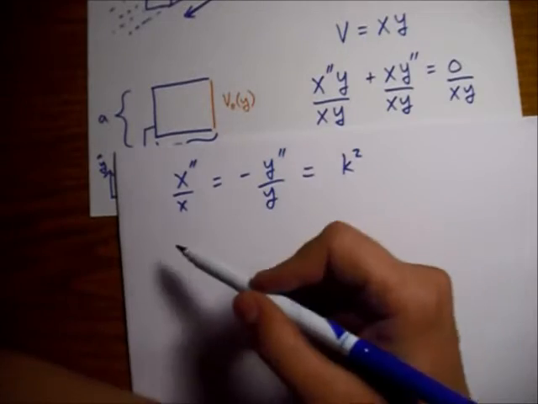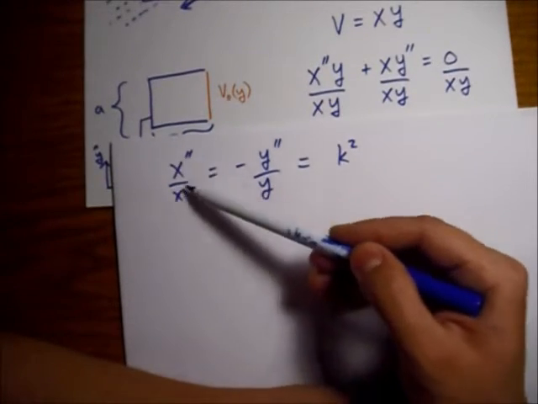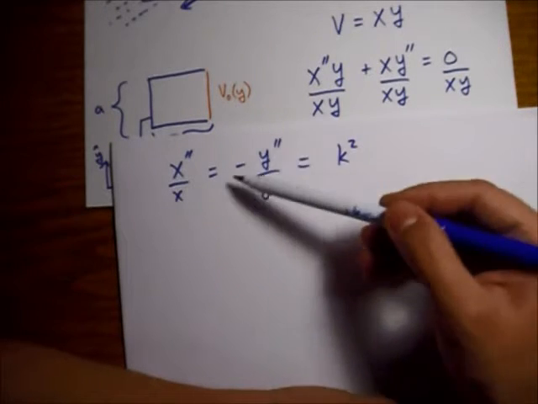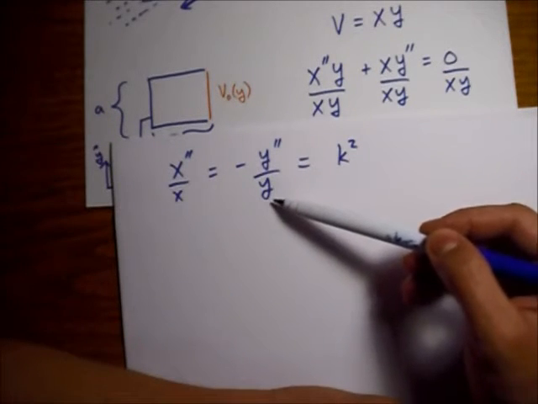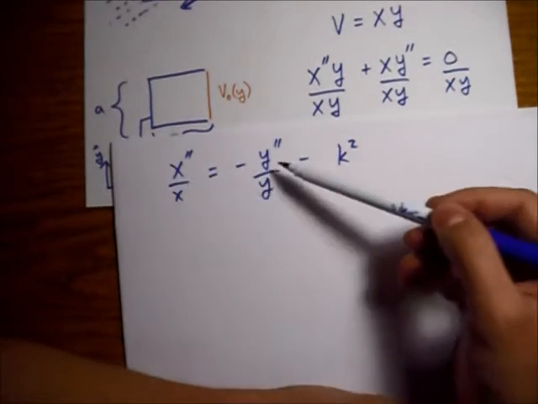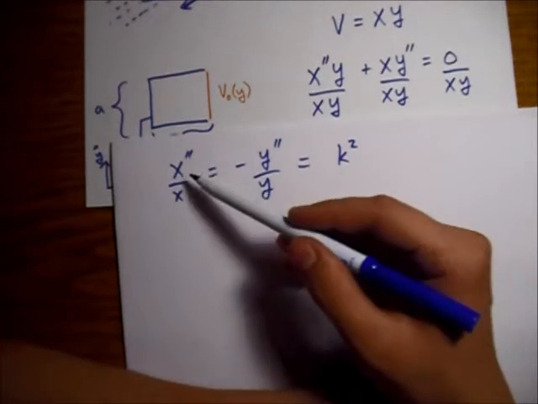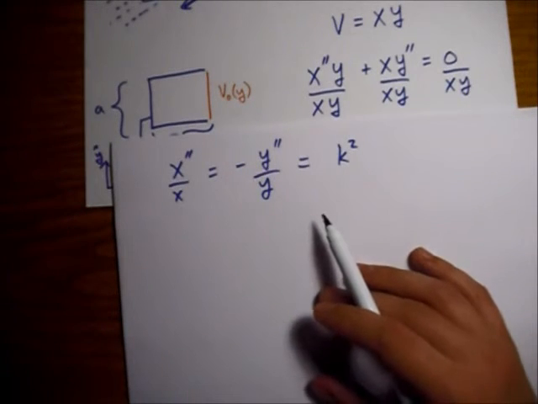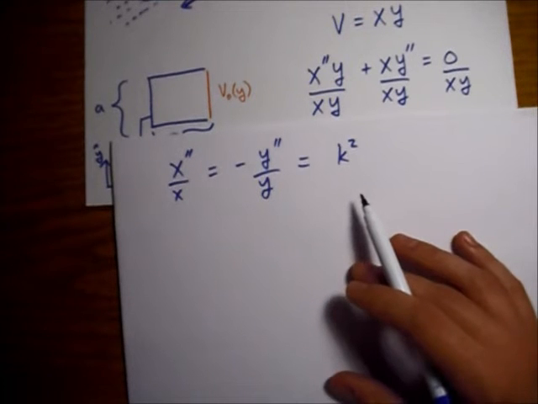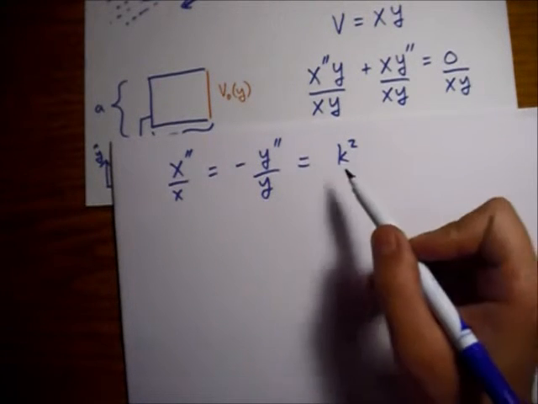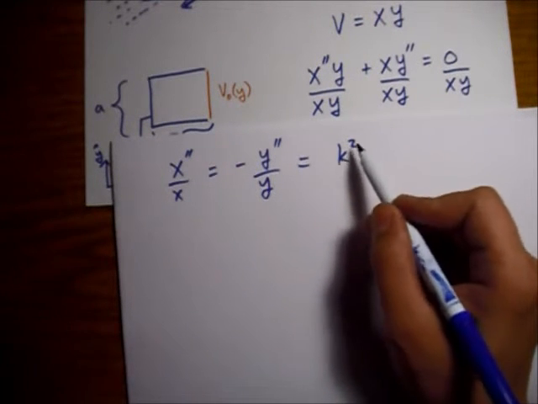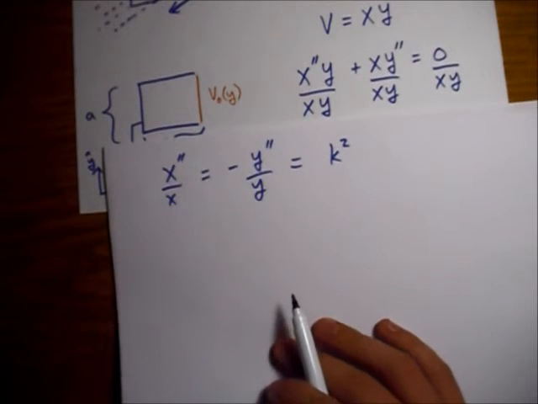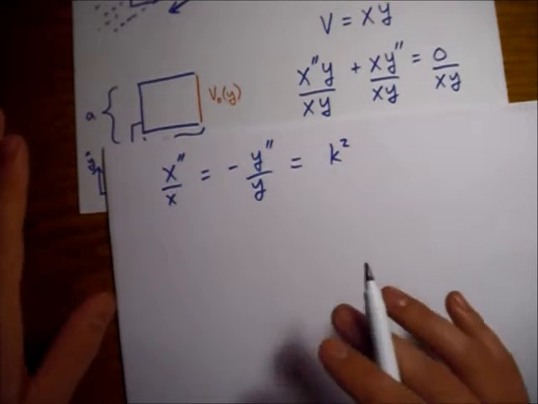If I change x, and this wasn't a constant, it would be changing, but the other side is not a function of x, so there would be no way for it to change in order to stay matched up with this one. So in order for this to be true, they both have to be equal to a constant. This constant we're going to be calling k squared.